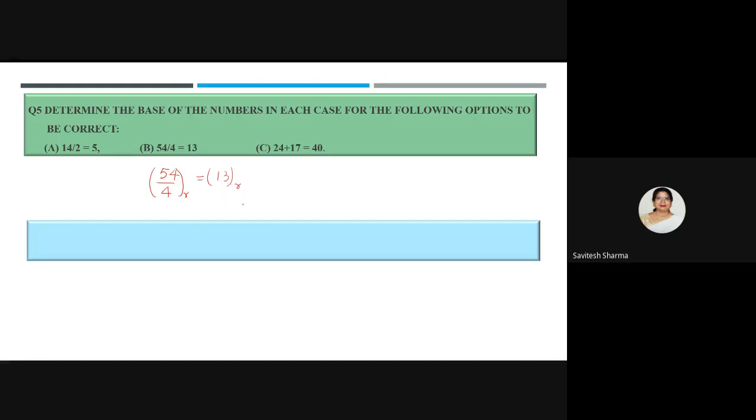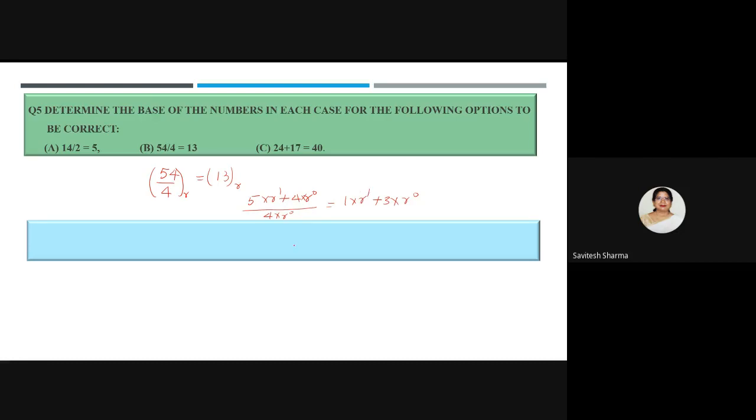So the expansion will be 4 into R to the power 0 and 5 into R to the power 1 in the numerator. Denominator is 4 into R to the power 0 only, equal to 3 into R to the power 0 plus 1 into R to the power 1.